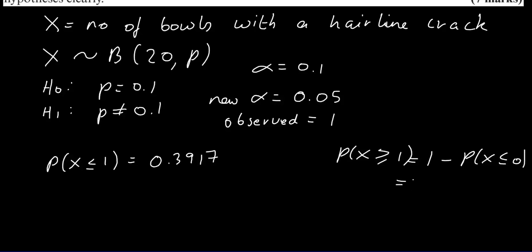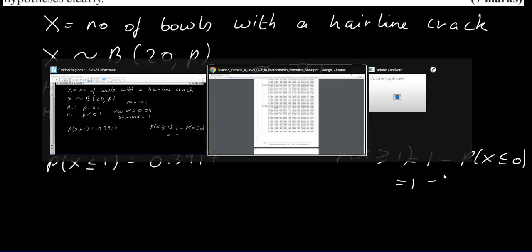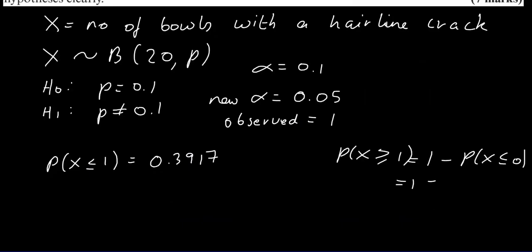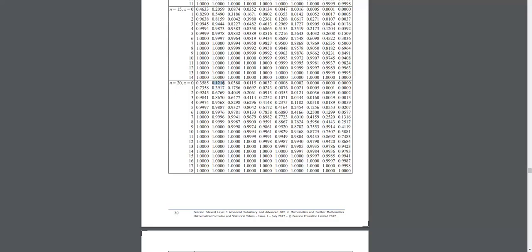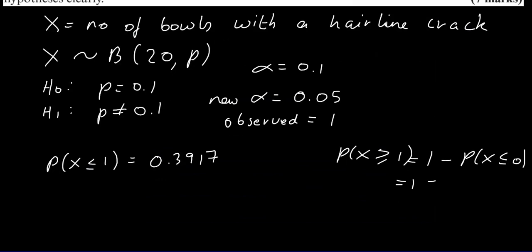So this becomes 1 minus 0.1216, which is 0.8784.